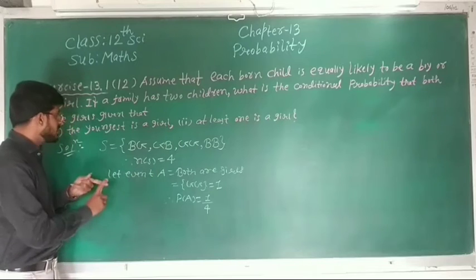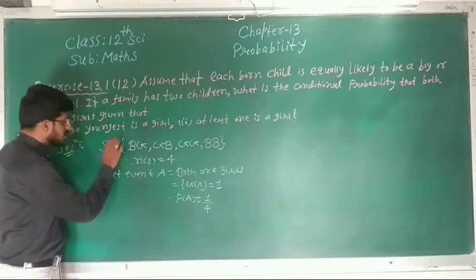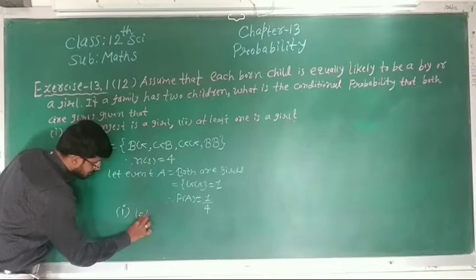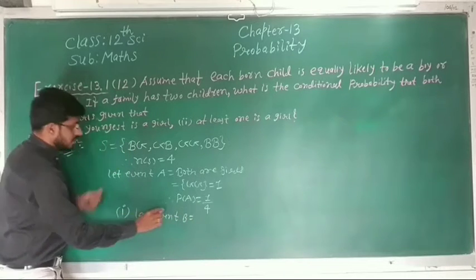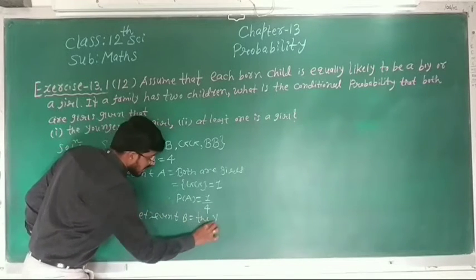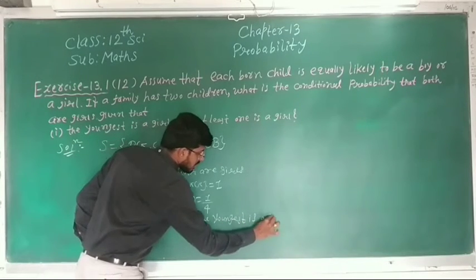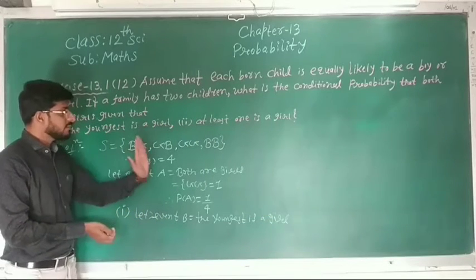Now see, in the first case the youngest is a girl, given. So it is called event B. Let event B be the youngest is a girl. It means the second baby is a girl.